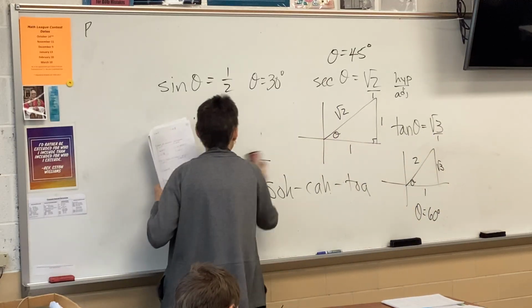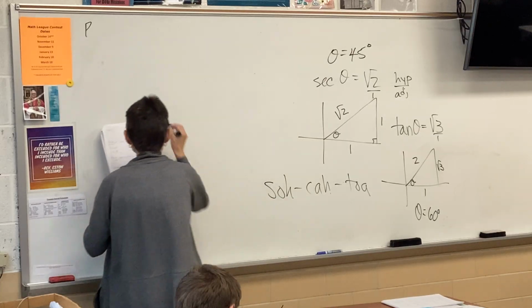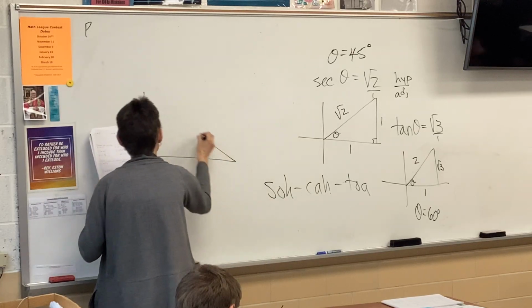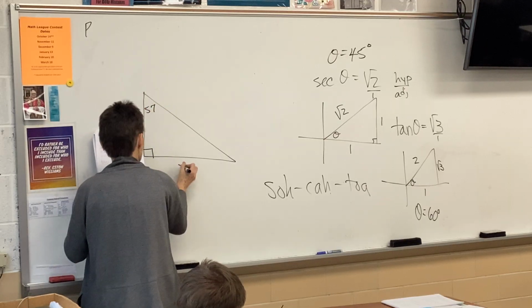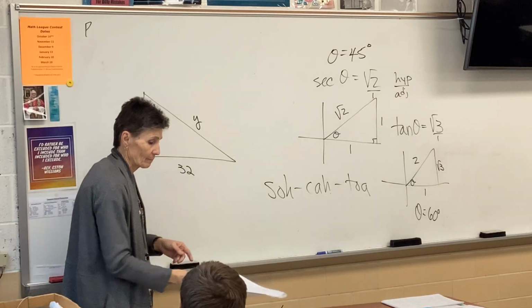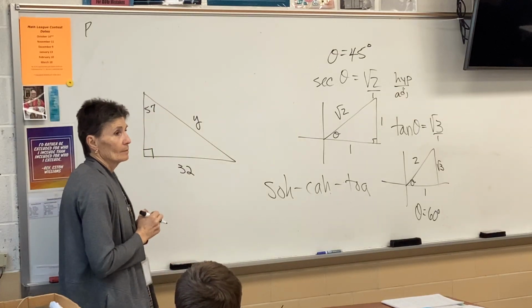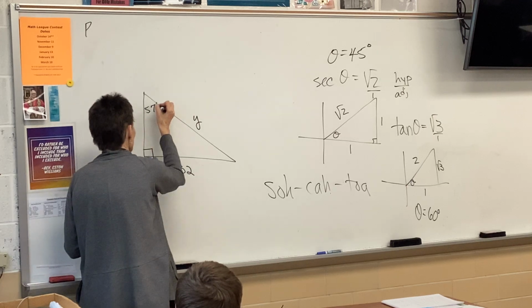Solve for the variable. All right, so I've got this triangle, which they drew for me. I'm not creating it, they drew it. This is 57, this is 32, and I gotta figure out y. This is the only angle they gave.